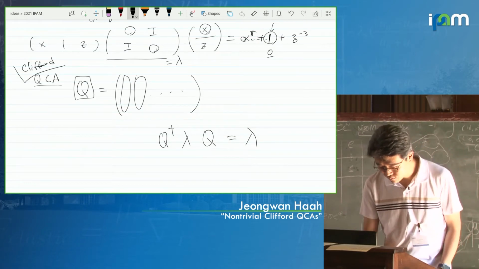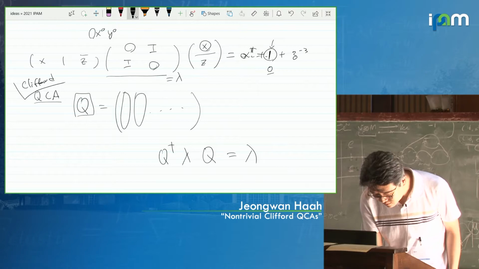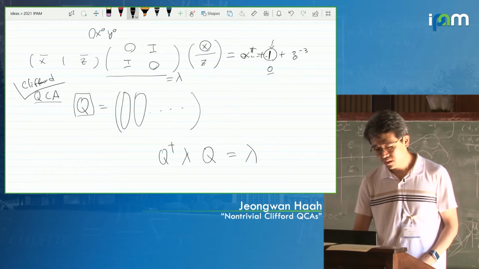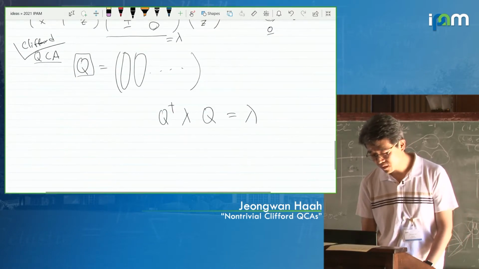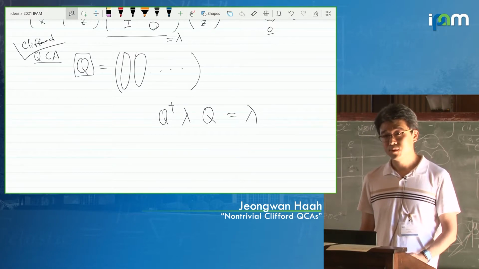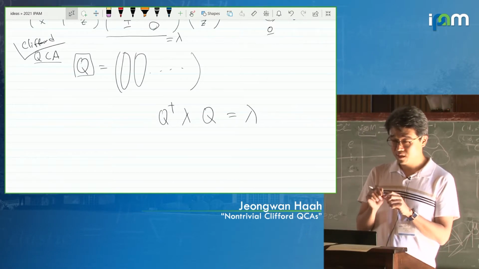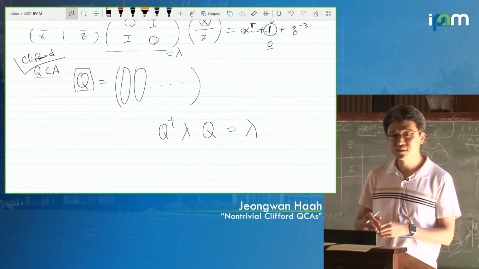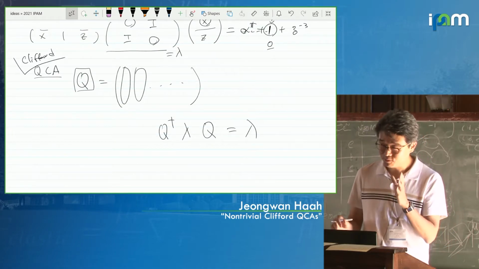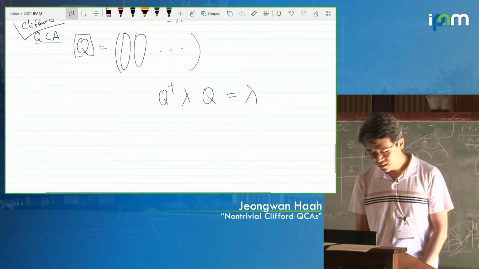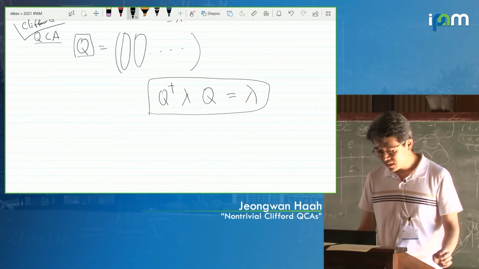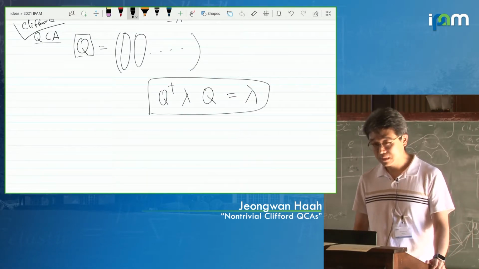Here the dagger means you take a transpose of the matrix Q, and then you invert every monomial to its inverse. You take an inverse of every monomial. So Clifford QCA is basically captured by this single equation.